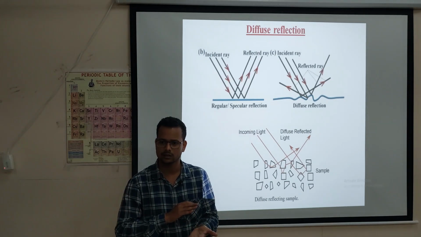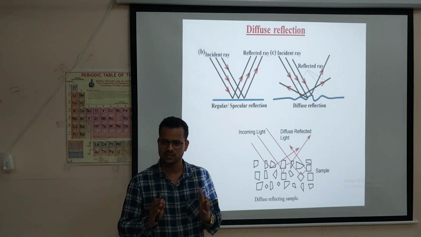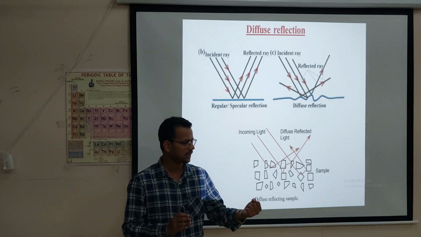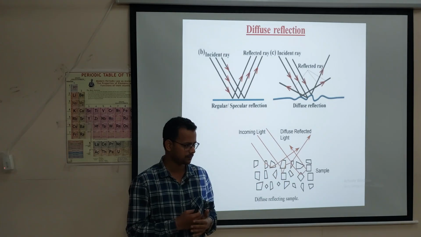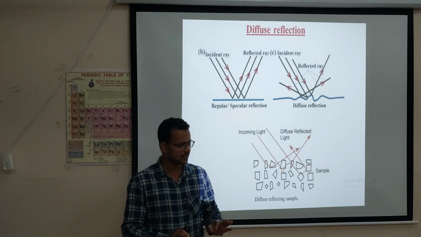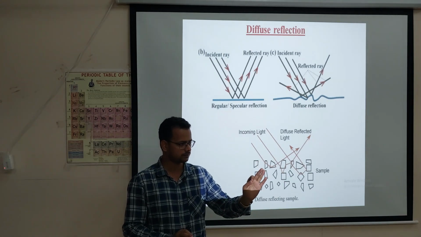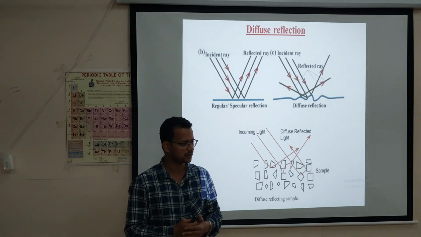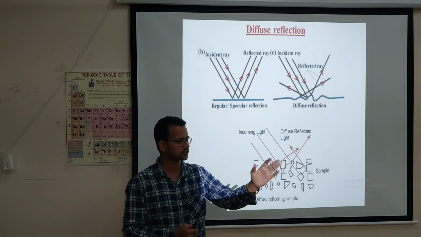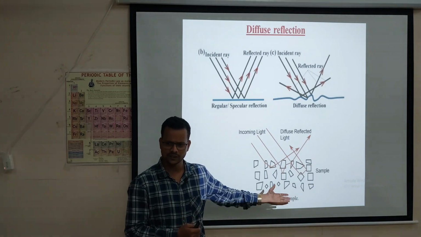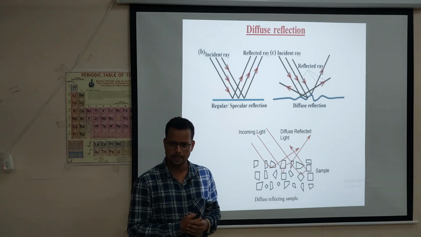Any substance we take must reflect some light, whether 0.01% or 0.001%, but definitely it will reflect some light if it is not an ideal black body.